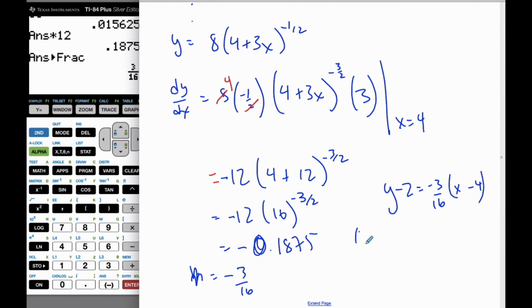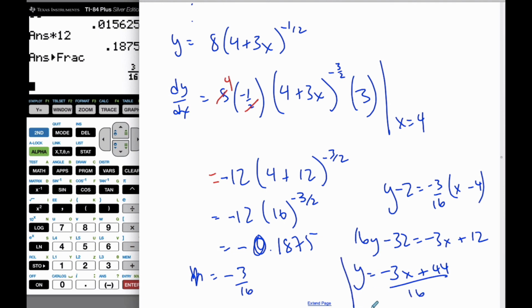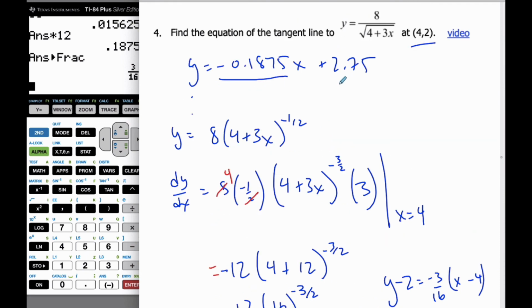Multiply everything by 16, so I get 16y minus 32 is equal to negative 3x plus 12. And if I rearrange this, I'm going to bring the 32 over: negative 3x plus 44. All of this over 16 would be the equation.